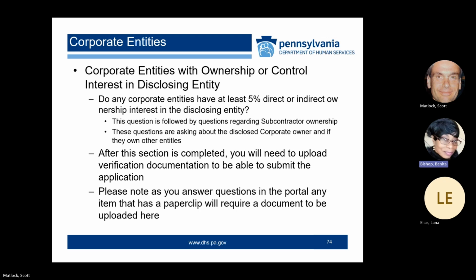These questions are asking about the disclosed corporate owner and if they own other entities as well. After this section is completed, you will need to upload verification documentation to be able to submit the application. Please note, as you answer the questions in the portal, any item that has a paper clip will require a document to be uploaded there.